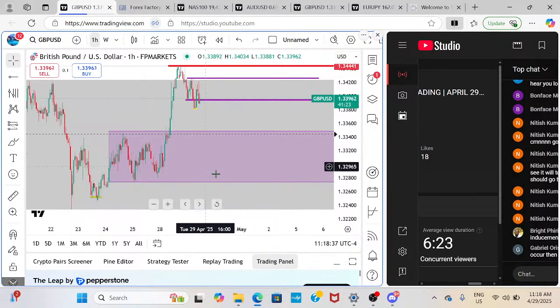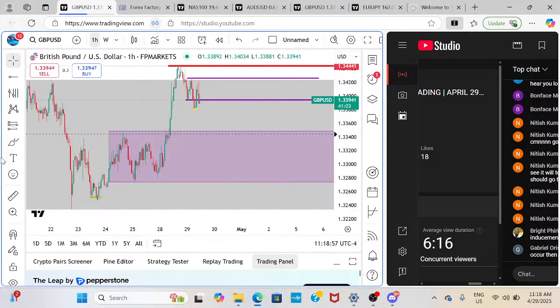This is a good area for a buy on GBP/USD, and I believe this is where the price is coming down to. So in the short term, you want to sell GBP/USD, and then you can target 1.3348 as your take profit, and so on. You can even target this low.